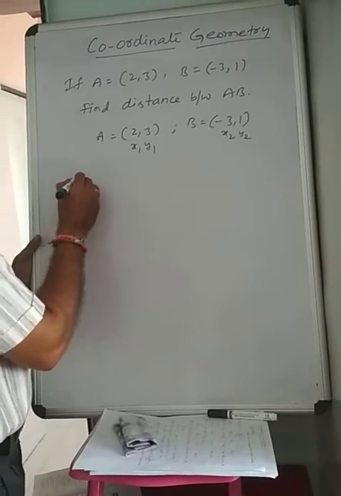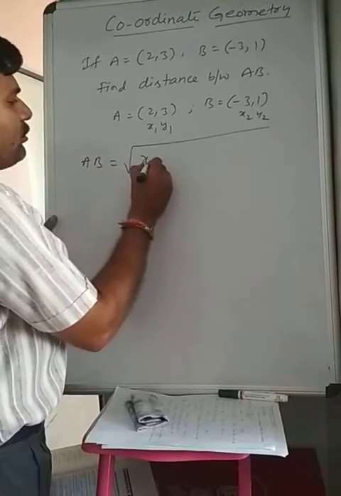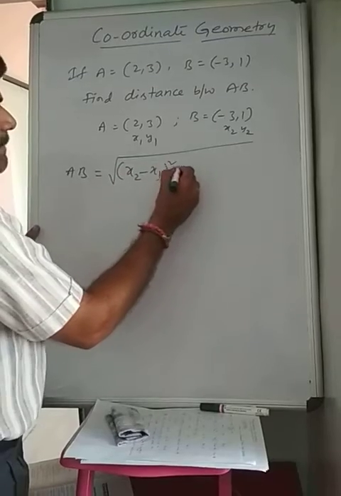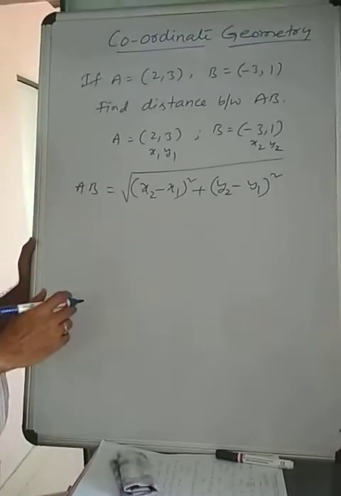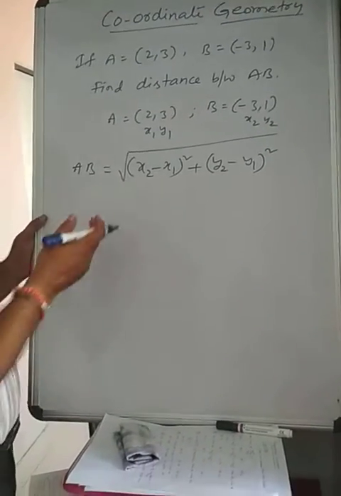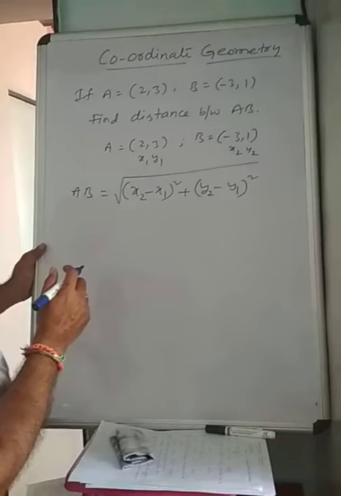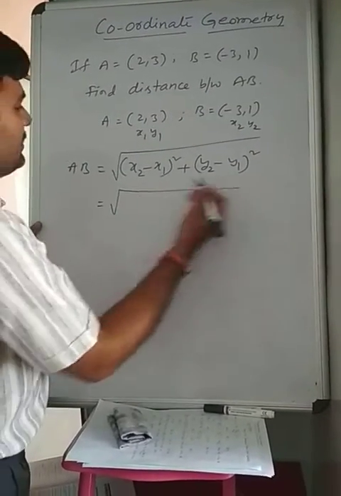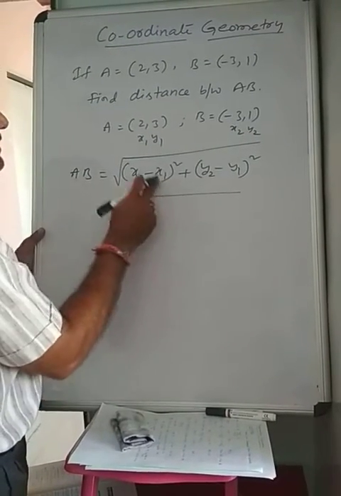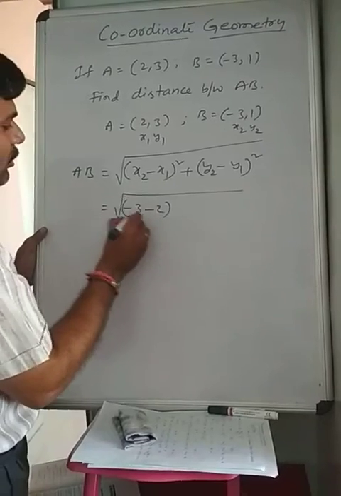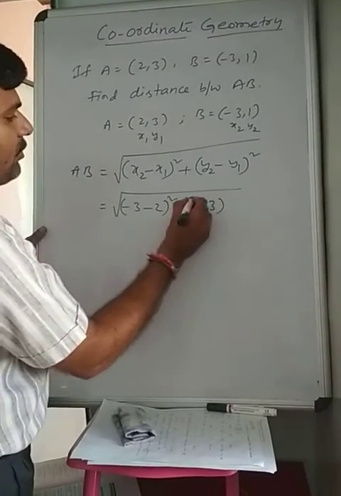Now the distance between two points: AB is equal to the formula, square root of (x2 minus x1) whole square plus (y2 minus y1) whole square. Substituting, x2 is minus 3 minus x1 value 2, whole square, plus y2 minus y1, that is 1 minus 3, whole square.